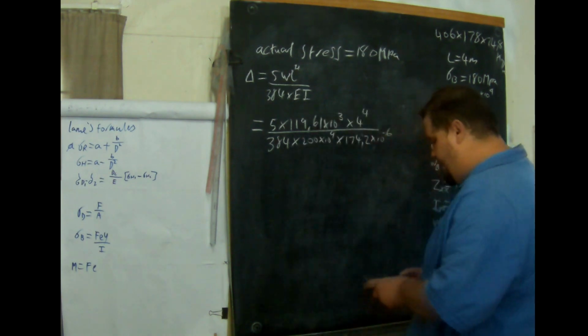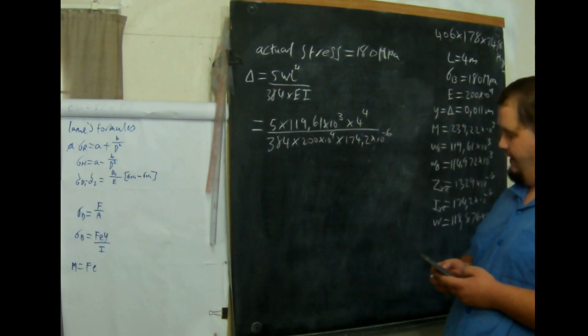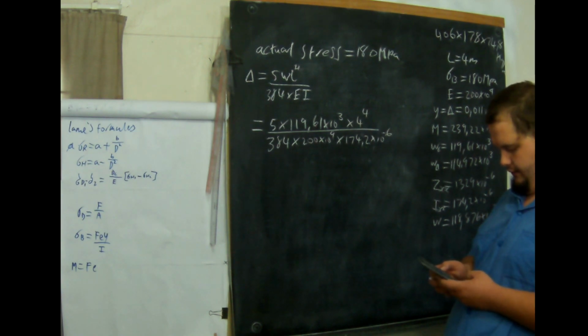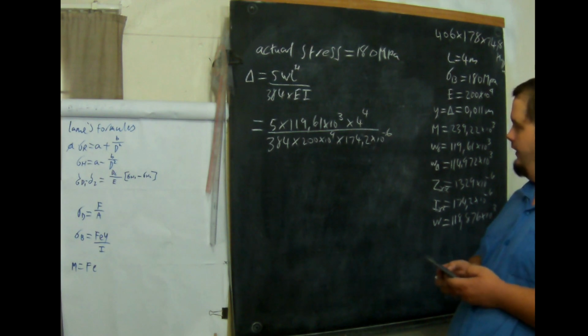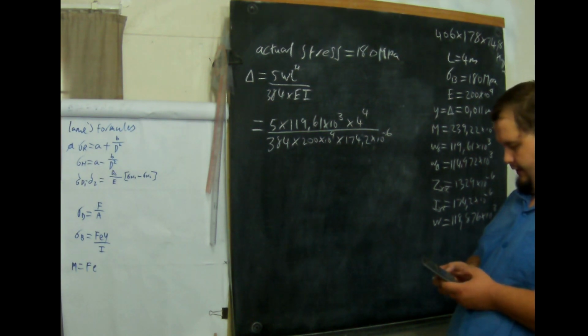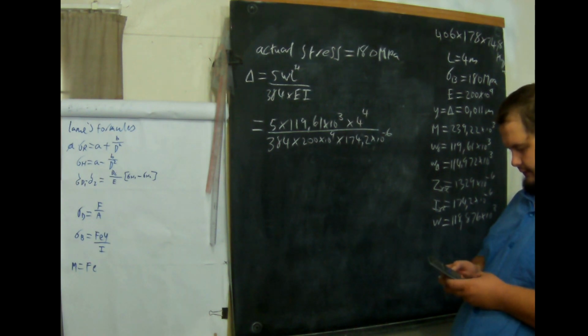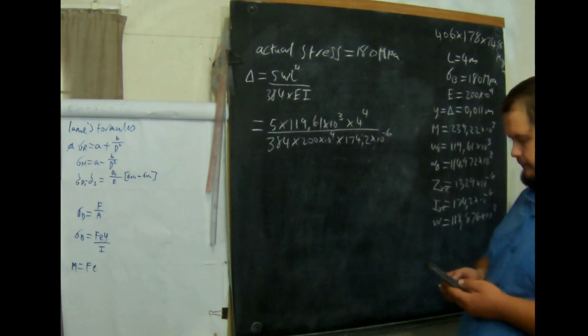Let's put that in our calculator. So we have 5 times 119,61 times 10 to the 3 times 4 to the power 4 times 384 times 200 times 10 to the 9 times 174,2 times 10 to the minus 6 equals.